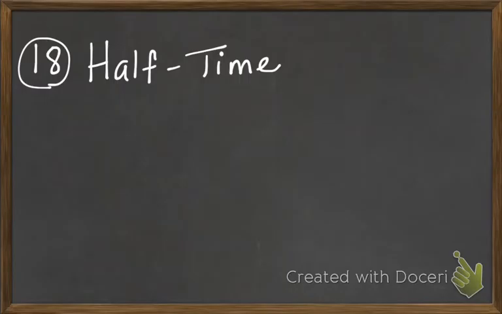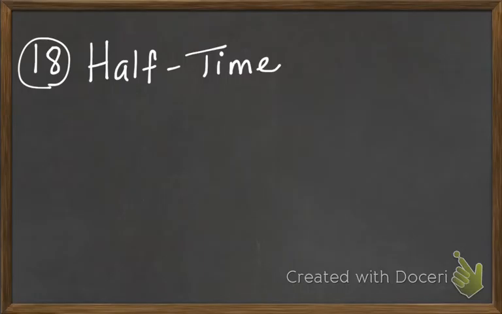So number 18 says the half-life of the radioactive element plutonium-239 is 25,000 years. That means it takes 25,000 years for half of that element to go away.